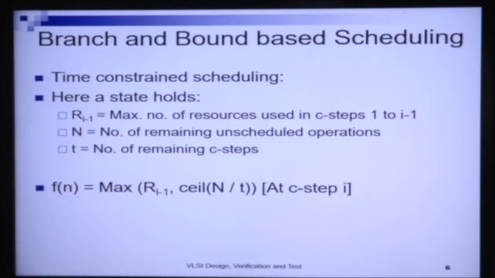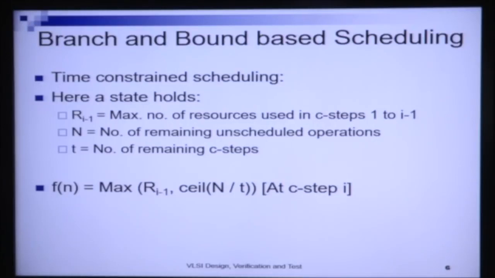Given that there are no dependency constraints, n by t is the minimum number of resources that I may need at all time steps for the remaining t time steps that I have. Now the max of R i minus 1 and ceil n by t gives me the lower bound for my current state.